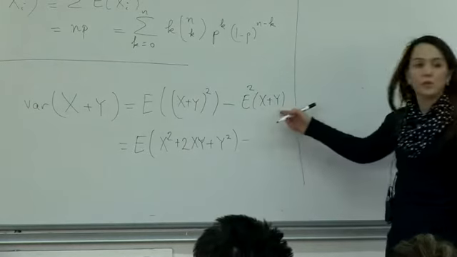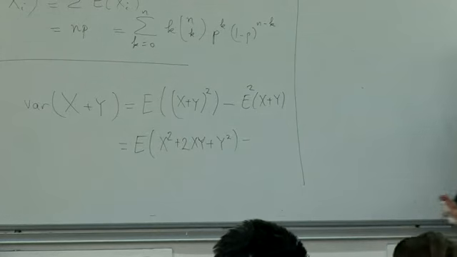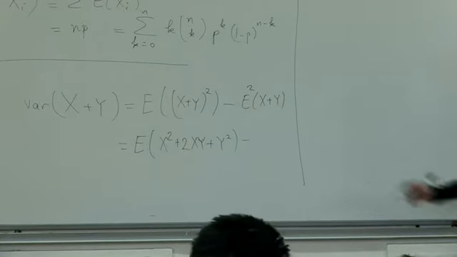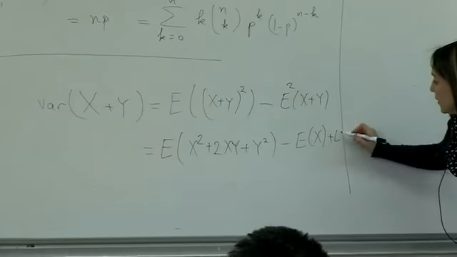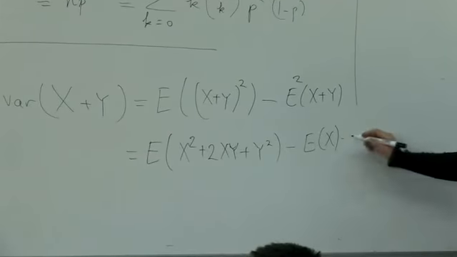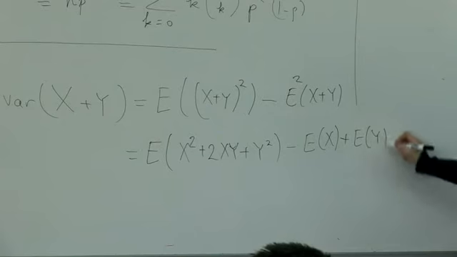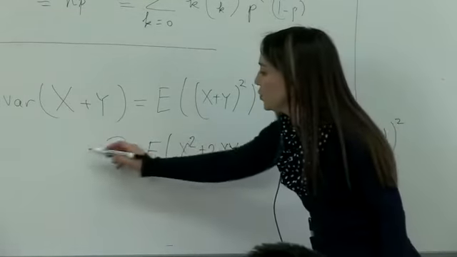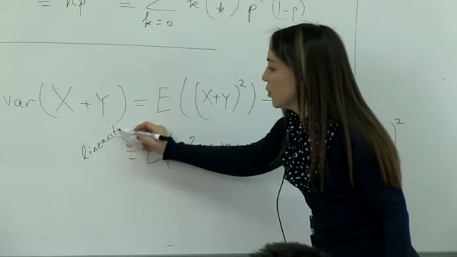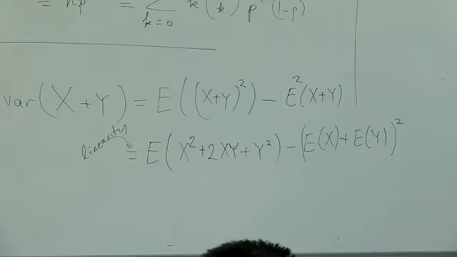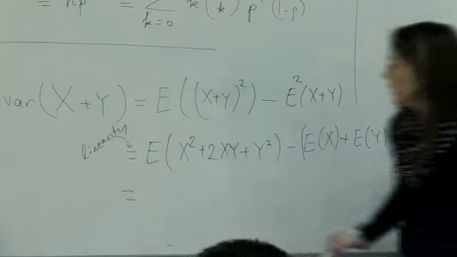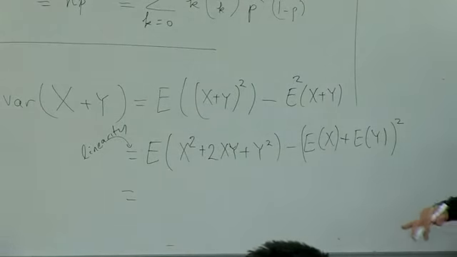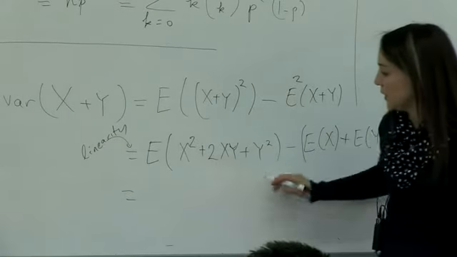And for this one, we use the linearity of expectation to write it as expected value of X plus expected value of Y, squared. Okay, what did we use here? We used linearity. So far we have not used the independence of X and Y. Okay, let's keep using linearity again.